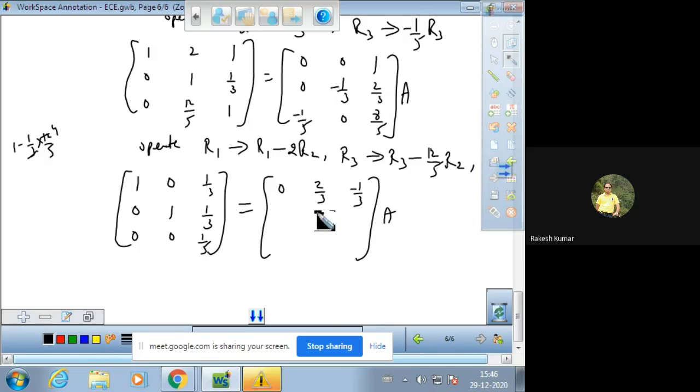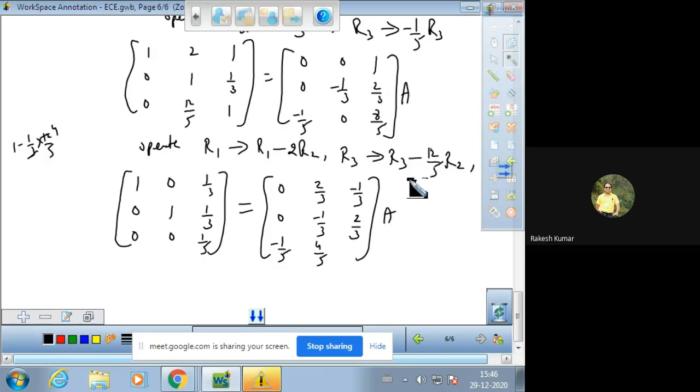And R3, second row will be as it is, because we are taking R2 as pivot. Similarly, R3 minus 12 by 5 R2. R3 minus 1 by 5. And this is 0 to minus, this comes out to be 4 by 5.